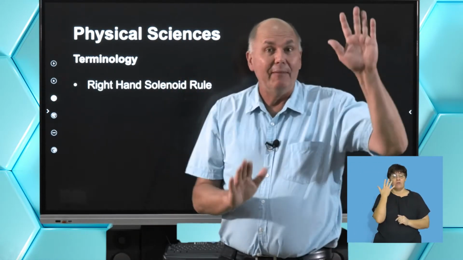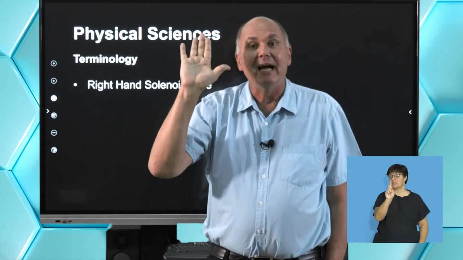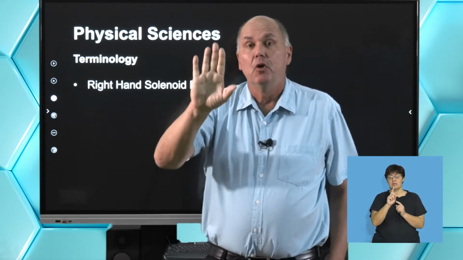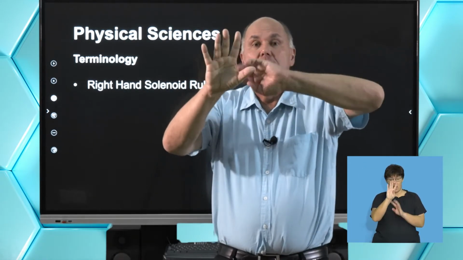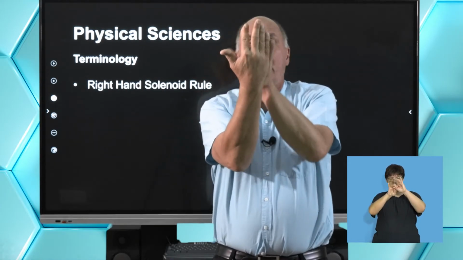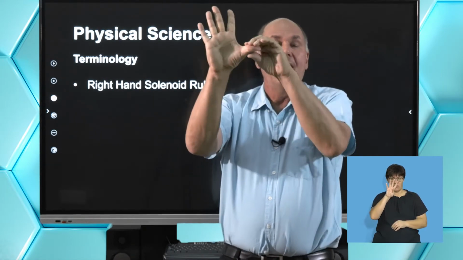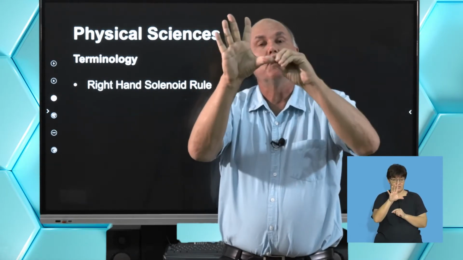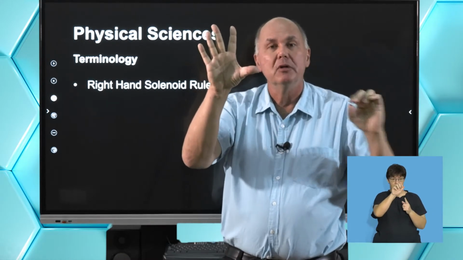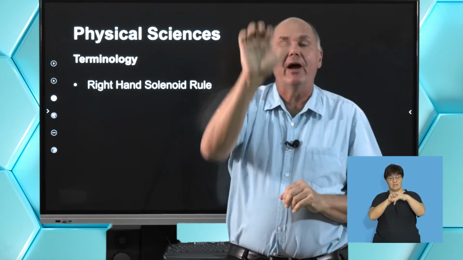Remember, I'm left-handed, so I can put my hand away, and I've got my right hand available to indicate the direction of the current, which I use my fingers for. In a coil, there are many fingers for the direction of the current, and there's one thumb that points to the one north pole. So the thumb gives you the north pole, and the fingers give you the direction of the current.